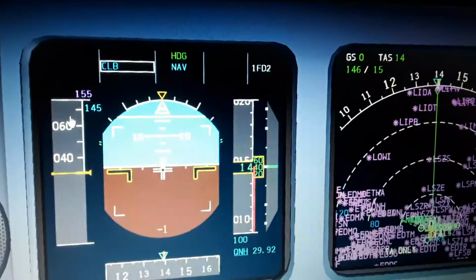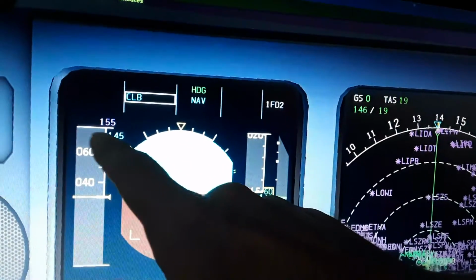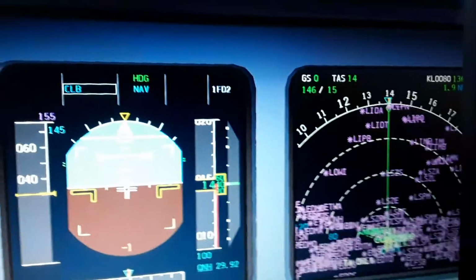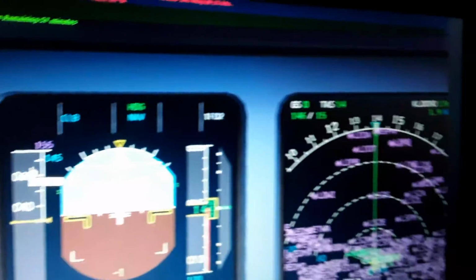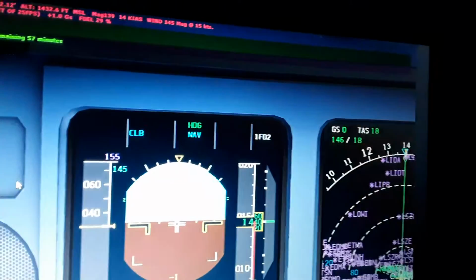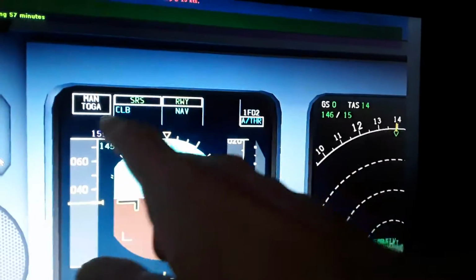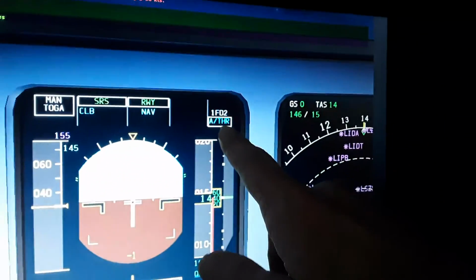So we have them displayed here, the V1, V2 and V rotate with 150 knots. Here is the climb mode, which is the vertical navigation. Here is the horizontal navigation. Here is the engines and the autothrust, which is armed in blue.